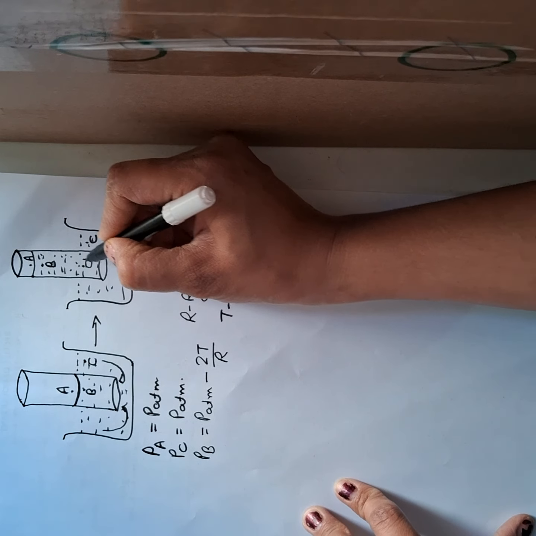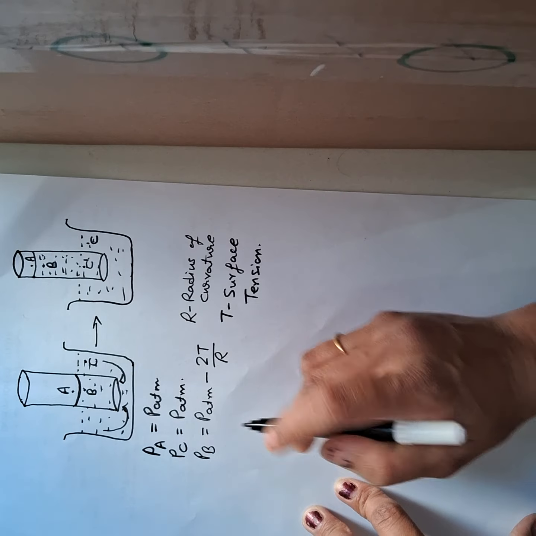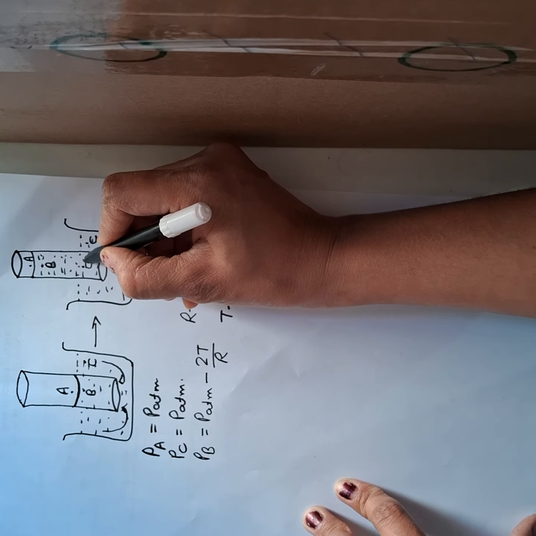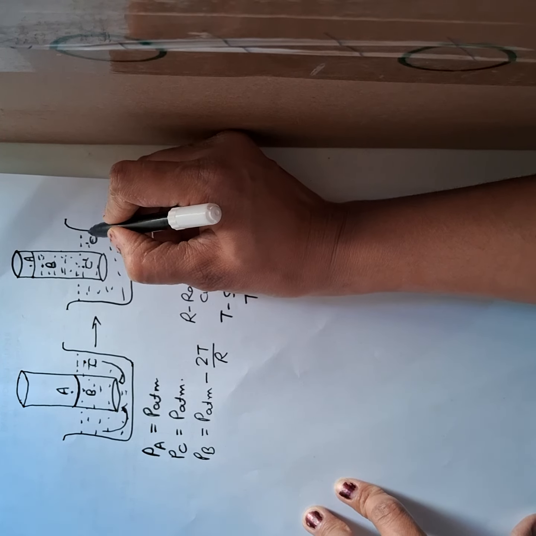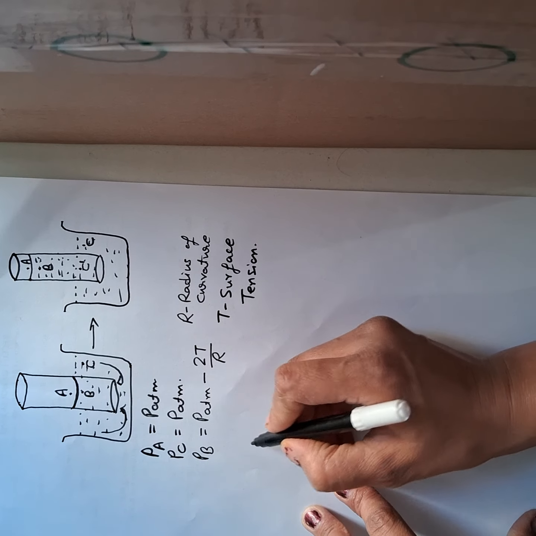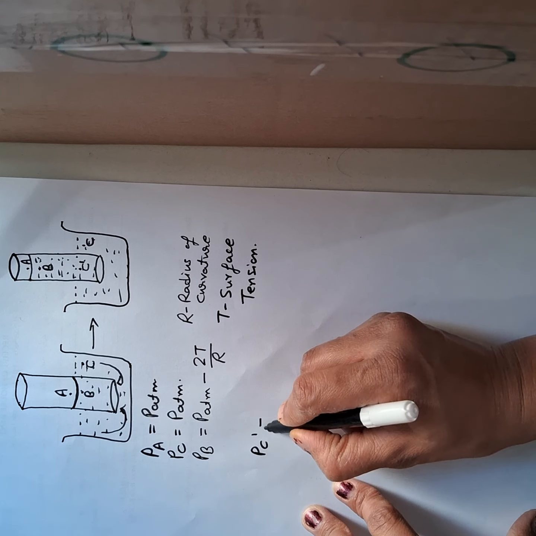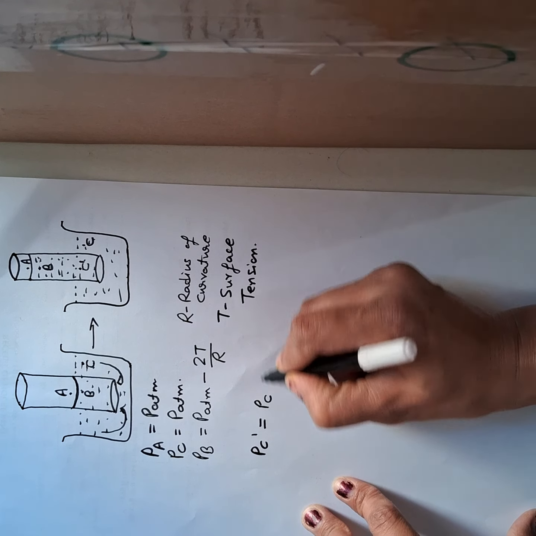So the liquid level has risen now. In this new situation, the pressure at C prime is the same as the pressure at point C.